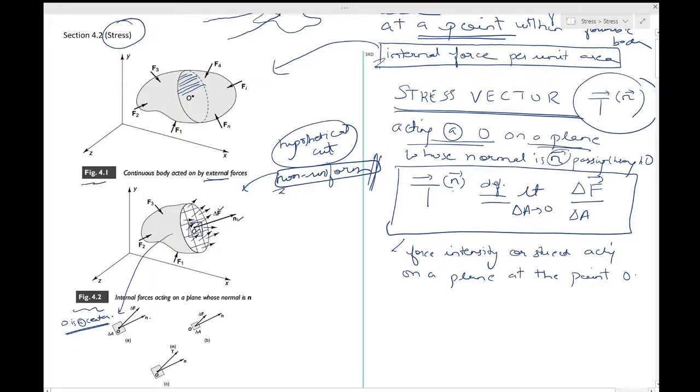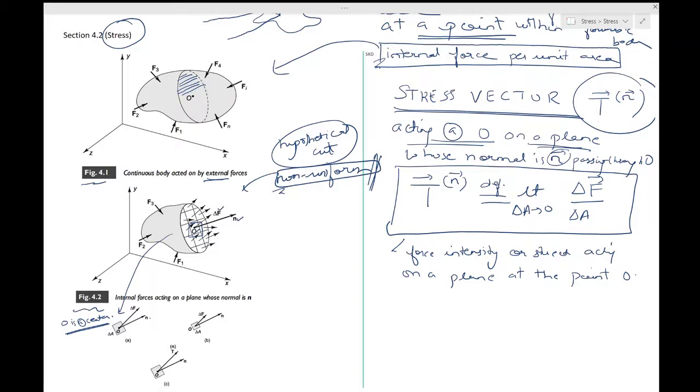So that n appears over here, and this delta F must act at that point, and that small area is delta A. This is the most important thing which you should know and learn by heart, that both the point of application of this force and this orientation of the plane n are required for defining a stress vector.